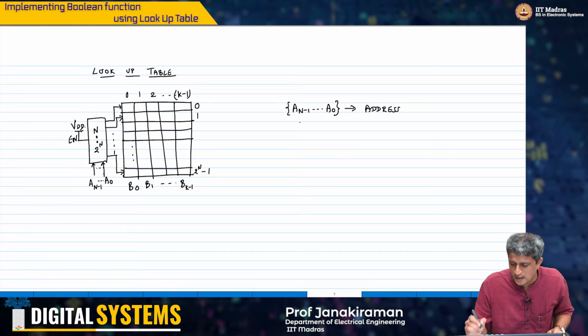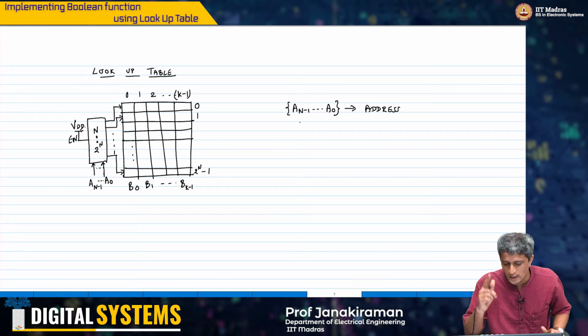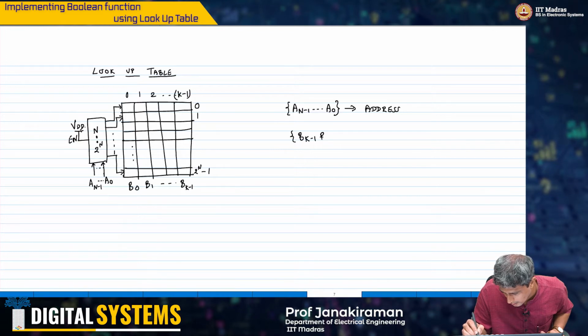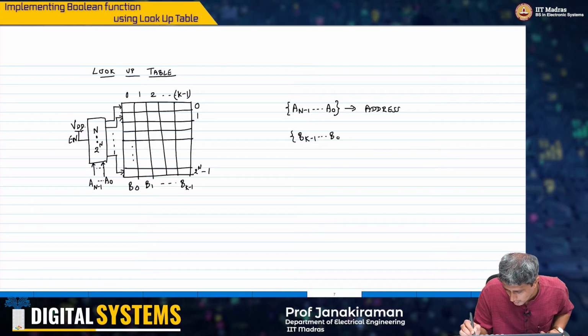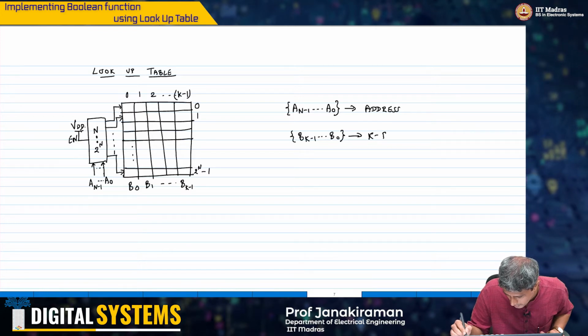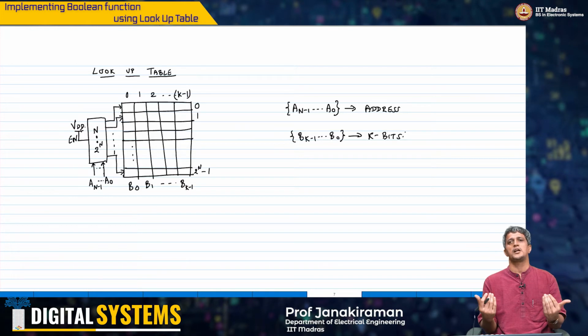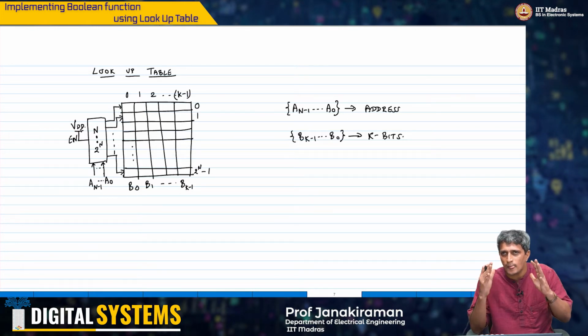Depending on the combination, one of the rows will turn on and I will read out b k minus 1 all the way down to b0, k bits of information will be read out. This is the idea.